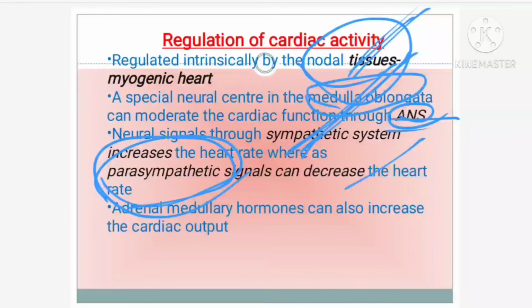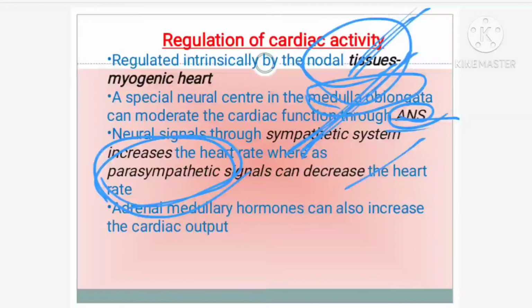In the medulla oblongata you can find the ANS, the autonomic nervous system, which controls the involuntary activities. Some of your activities are controlled by them. So who is responsible for that controlling? The autonomic nervous system, which is of two types: sympathetic, which increases the rate, and parasympathetic, which decreases the rate.